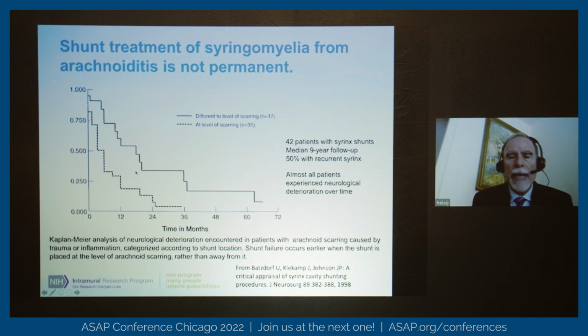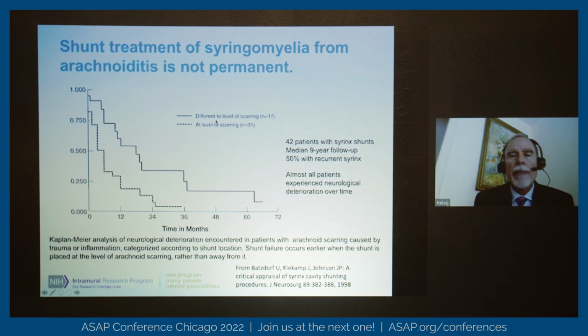This is Dr. Batzdorf and Kleekamp, who are just awesome surgeons, and no one's better in the world as far as I'm concerned. And so even in their hands, it's 6 months. At 6 months, half of their shunts will fail if they're put in at the level of scarring.